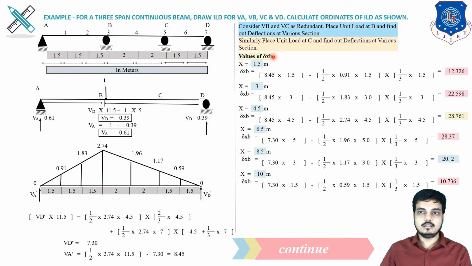So the values of delta XB: at x equals 1.5, over here VA dash multiplied by 1.5 minus this triangle, its area into CG. So similarly we will be finding till here with the help of VA dash, and from here to here with the help of VD dash.